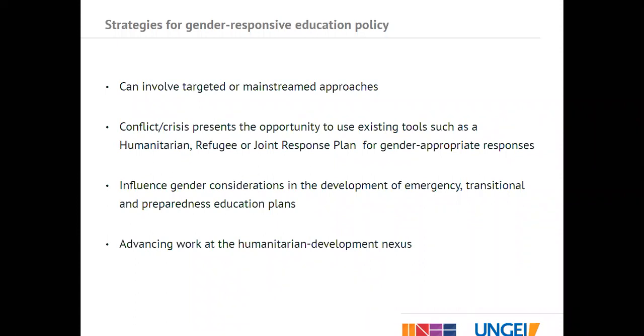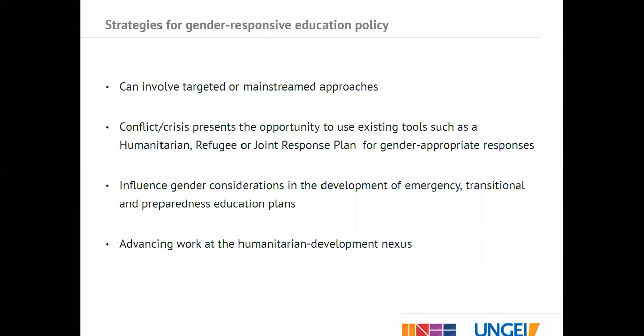The important thing here is that conflict and crisis situations can provide a window of opportunity to use existing tools such as humanitarian, refugee, or joint response plans to advocate for gender-appropriate responses and for relevant coordination across sectors, and in turn to influence gender equality considerations in the development of emergency, transitional, as well as preparedness planning.